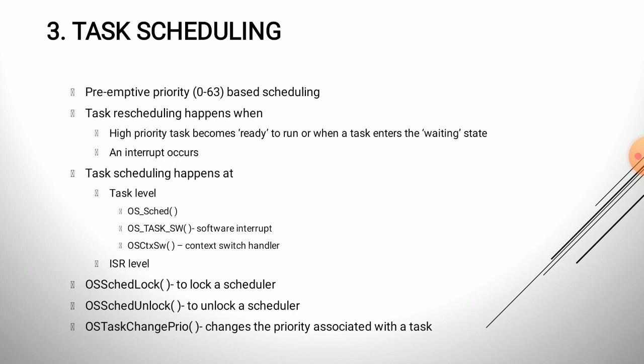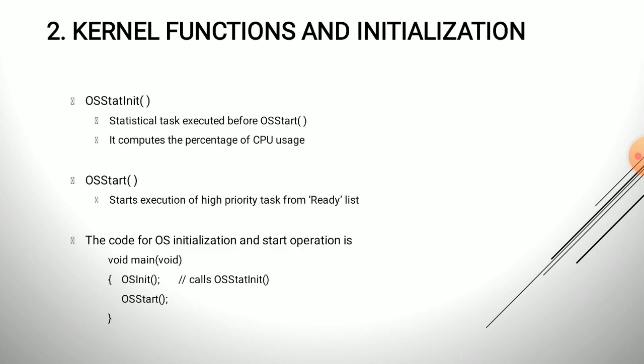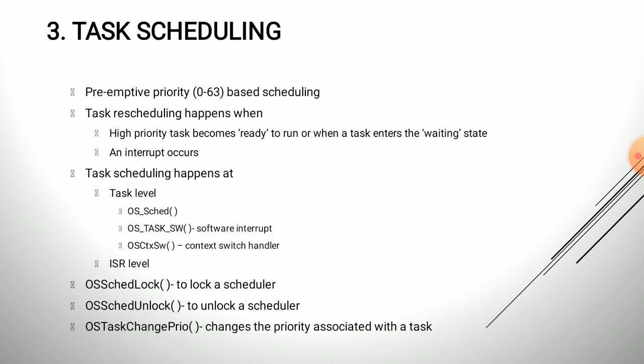A task rescheduling happens if any one of the following situations occurs. The first one is when a high priority task becomes ready to run, or when a task enters the waiting state due to the invocation of system calls like OS task suspend, OS task resume, OS task delete, etc. That is the first case.